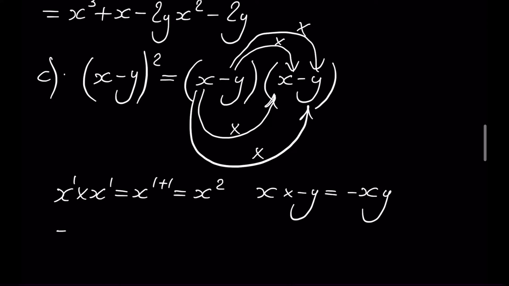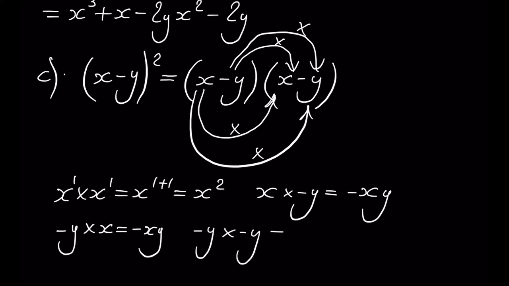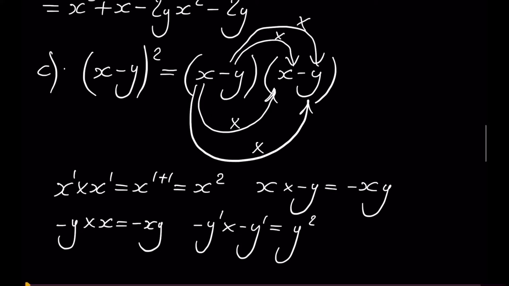And then we've got minus y times x, which is equal to minus xy, just like before. And then for the last terms in both expressions, we've got minus y times minus y. And a negative multiplied by a negative gives a positive, so we end up with y squared, because this again also uses index laws.